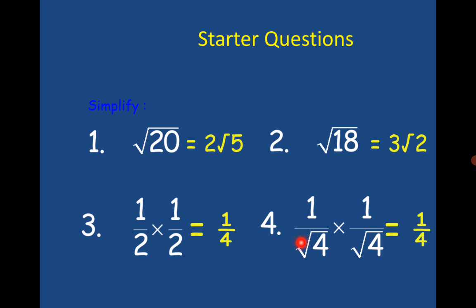What do you notice here? Root 4 times root 4 is just 4 without root. In other words, when you multiply similar roots, you get a value that does not contain a root sign. So in this case, root of 4 times root of 4 is 4.